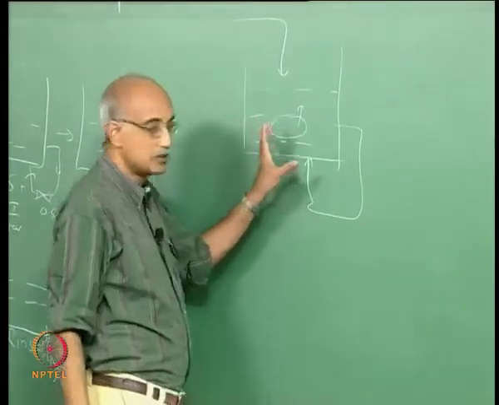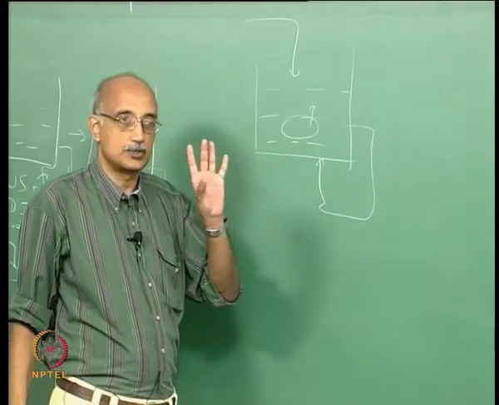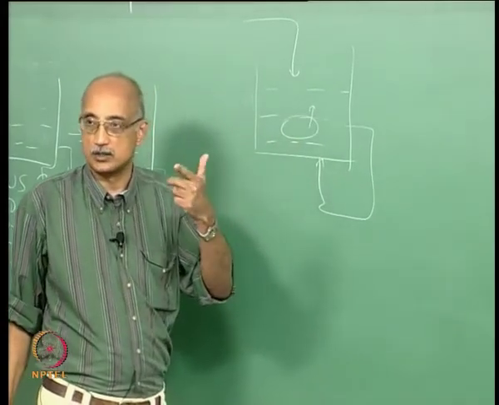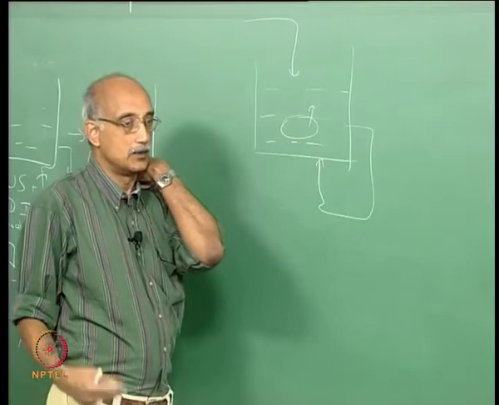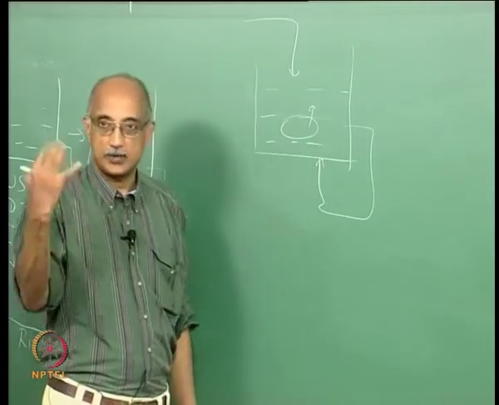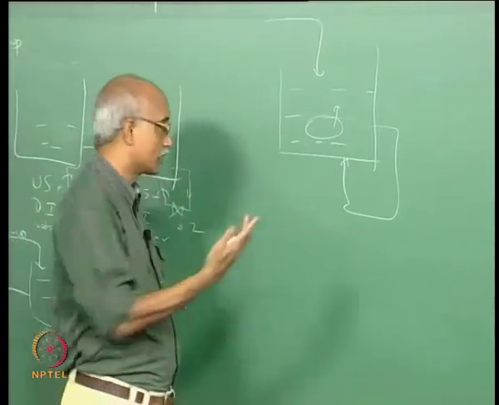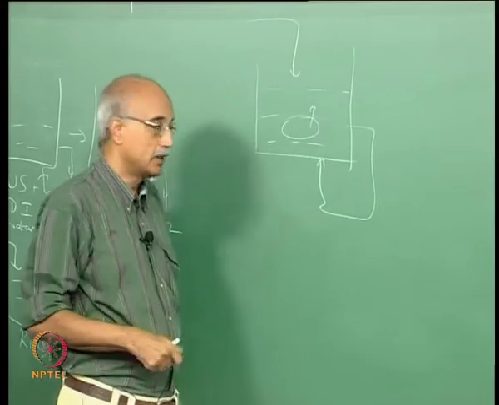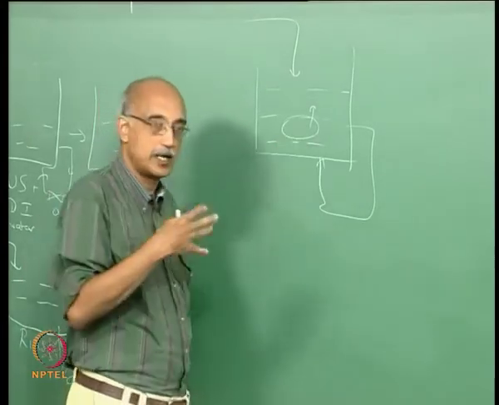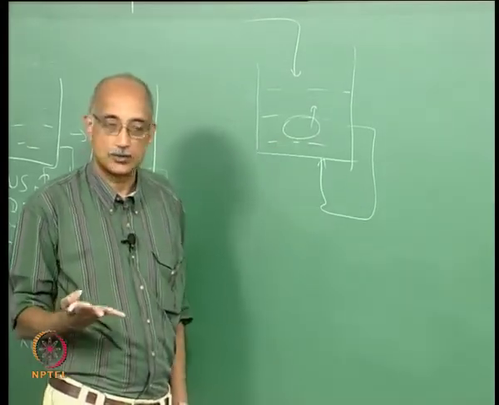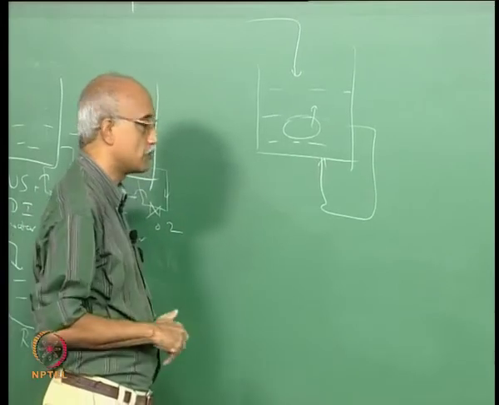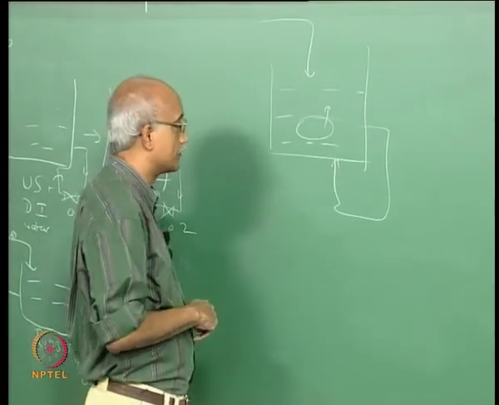You can see that this is very similar in principle to the clean room that we had sketched earlier, where you had fresh air being taken into the clean room along with recycled air, and the clean room itself had many sources of particles in it. So, very similar situation applies here as well.